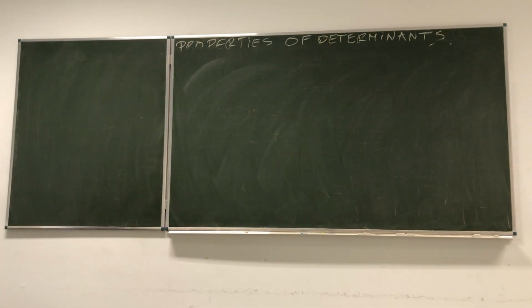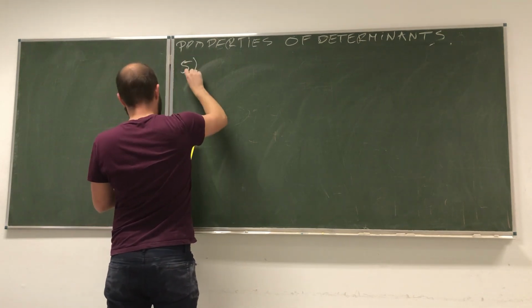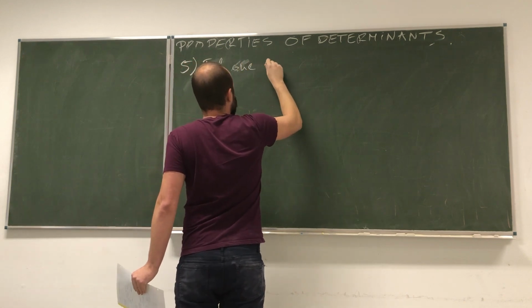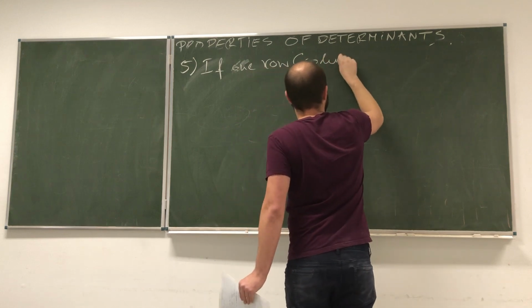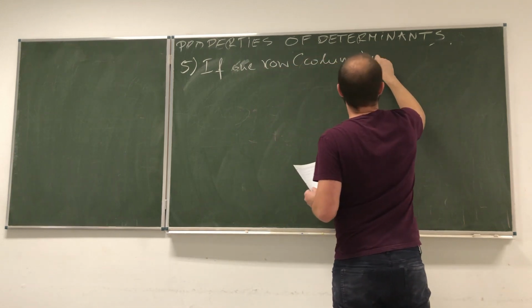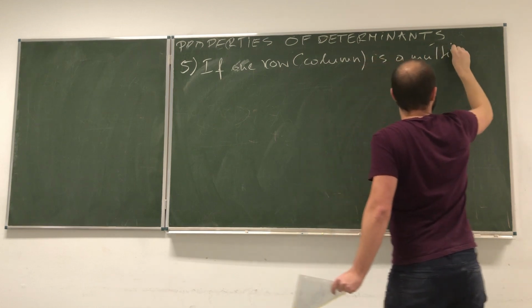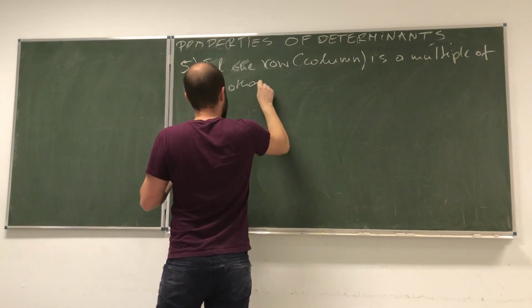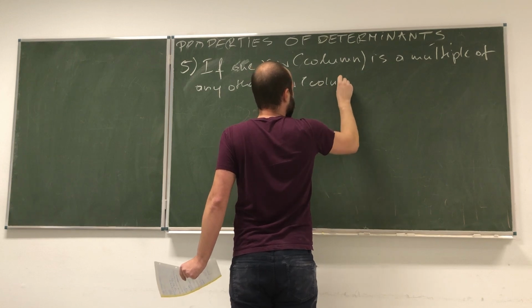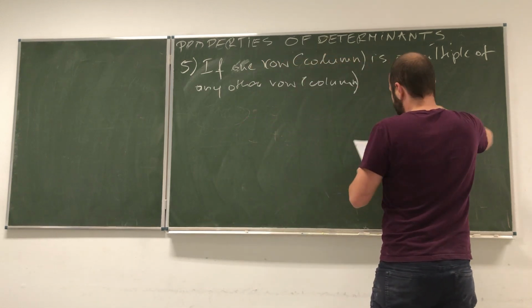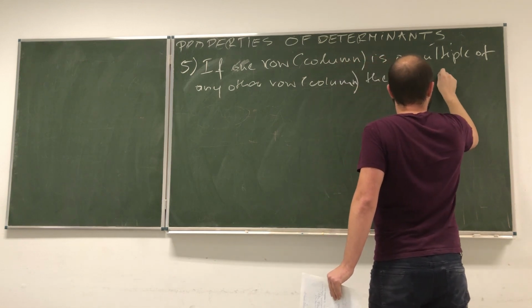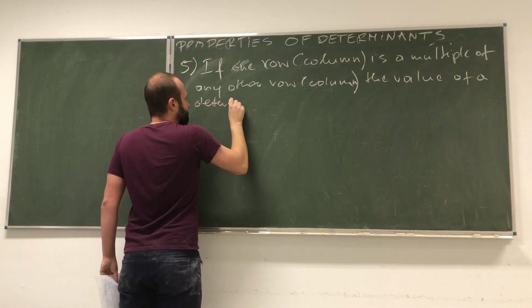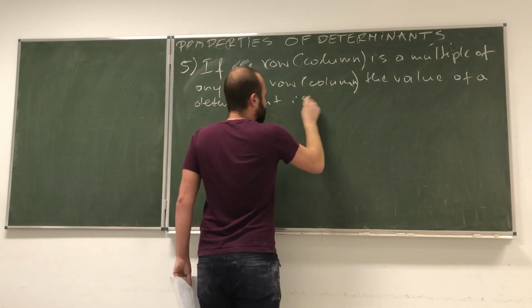And property number 5 goes like this: if one row or column is a multiple of any other row or column, the value of a determinant is 0.